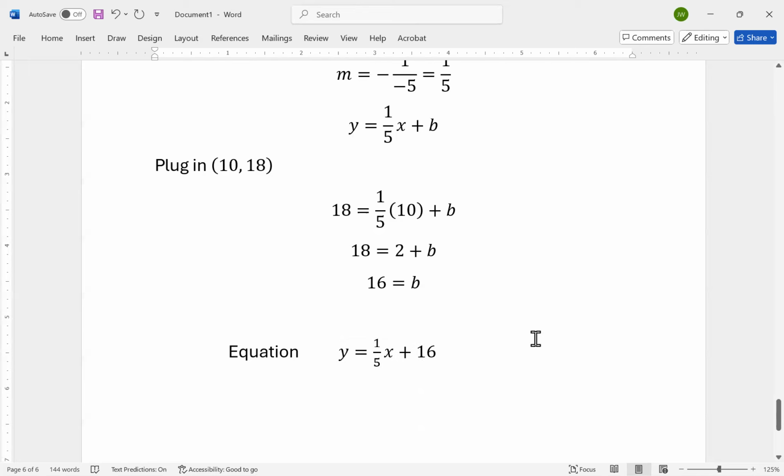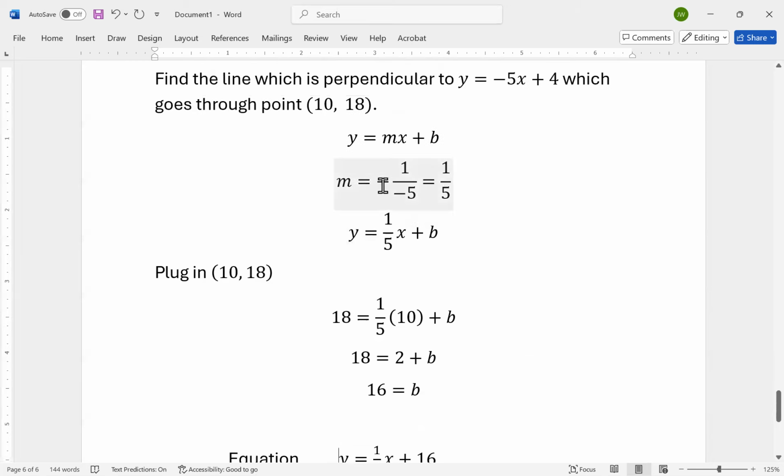Now, in each of these problems that were given to us, when we found the slope of a line that was perpendicular or parallel to a given line, the given line was already in slope-intercept form. Obviously, if the given line is not already in slope-intercept form, then we'd have an extra step of changing it into slope-intercept form to identify the slope.